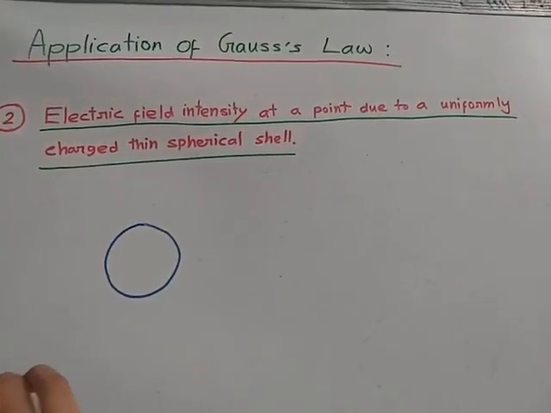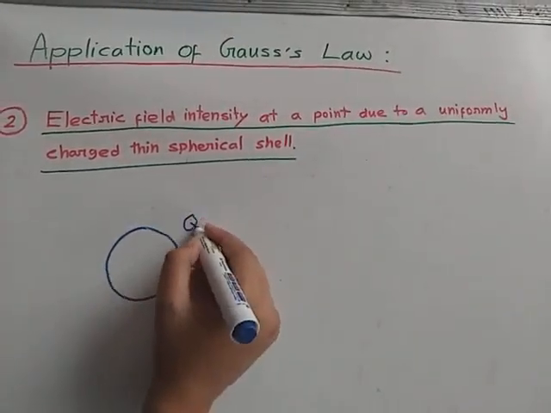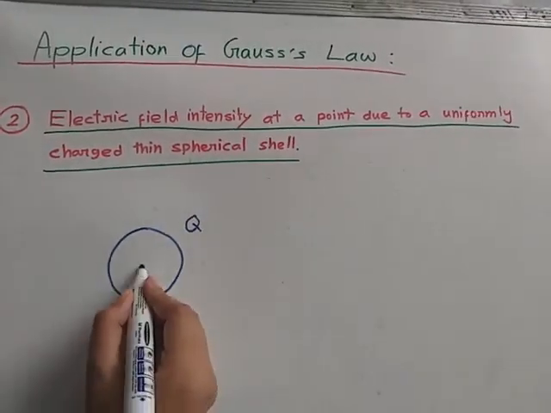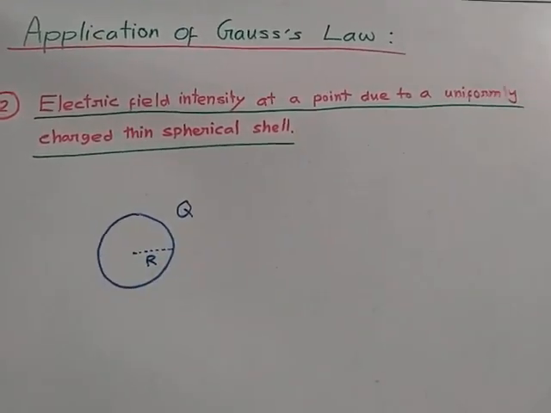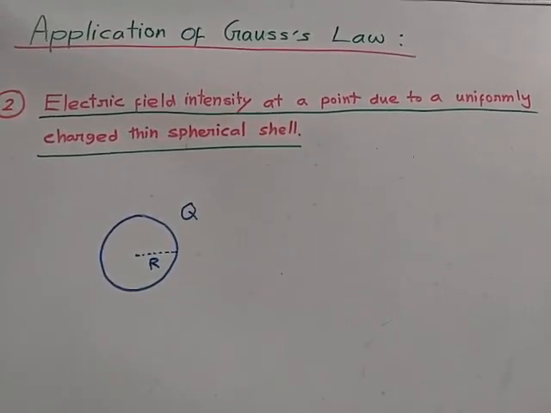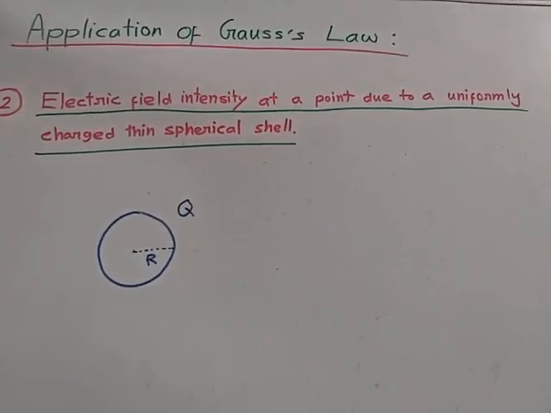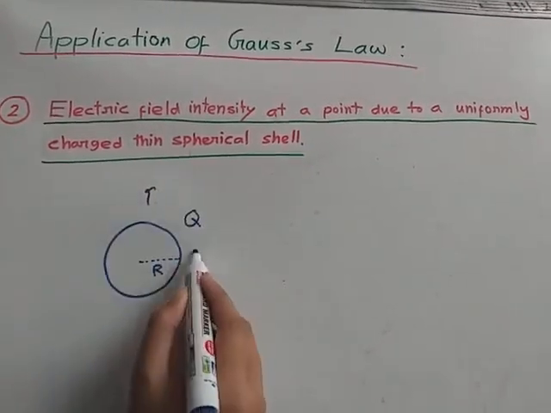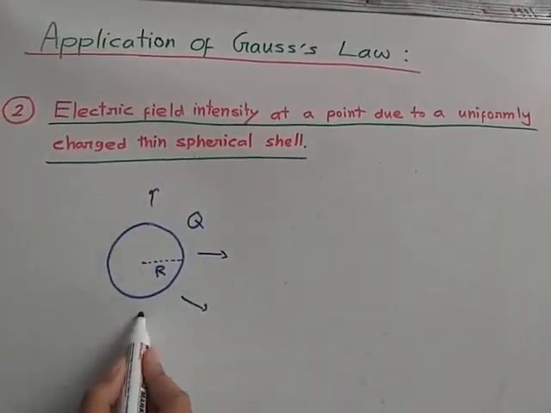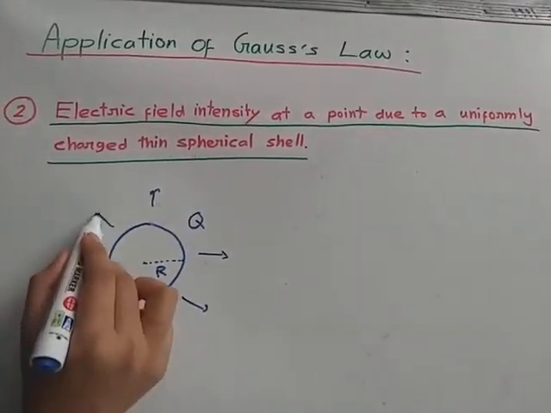Let us consider the shell contains the total charge capital Q, and the radius of the shell is capital R. From symmetry considerations, the electric lines of force are directed outward in the radial direction.